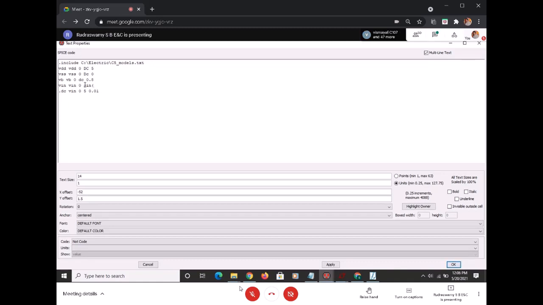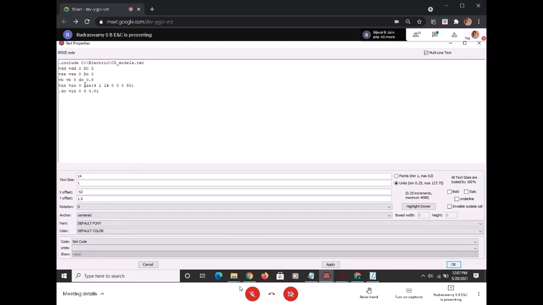The first parameter in this parenthesis is the DC biasing, which is 4, and then the sine amplitude I'll take as 1, at 1 kilohertz frequency. Then I have 0, 0, 0, and then I'll go with 50 samples.